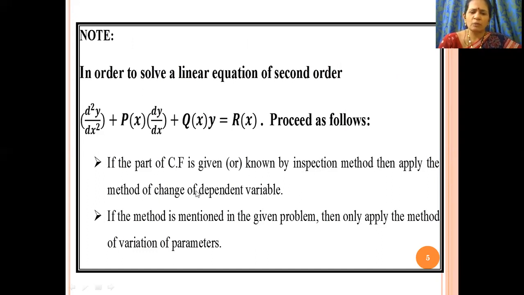If the part of complementary function is given or known by the inspection method, suppose the complementary function is not given, by the inspection method also we can find the complementary function, then apply the method of change of dependent variable. Otherwise, if the method is mentioned in the given problem, then only apply the method of variation of parameters.